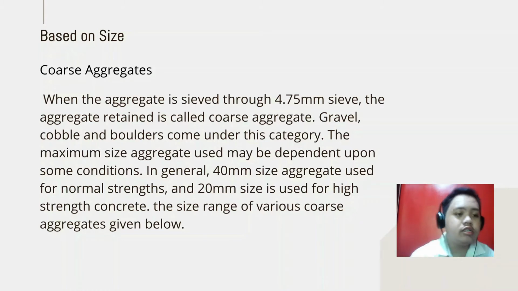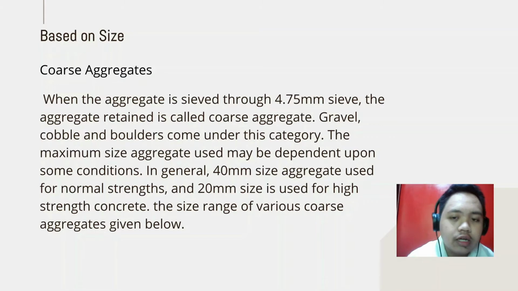First, let us see what coarse aggregates are. The aggregates go through the same sieving process, using the 4.75mm sieve, just like the fine aggregates.